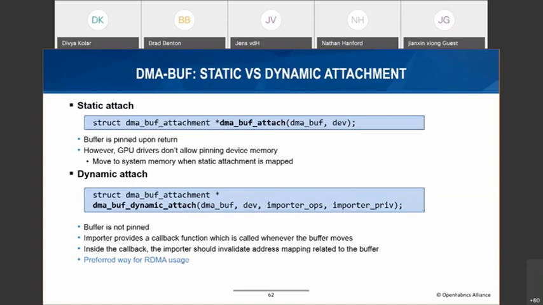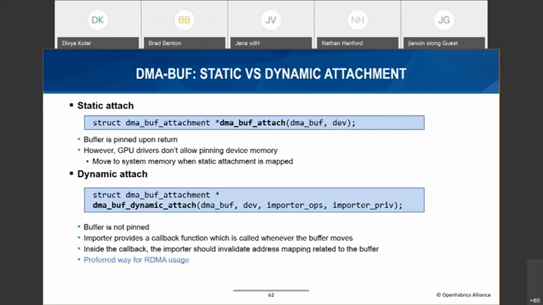So this is the preferred way for RDMA usage, and this change happened at some time between our first version of the patch and the third version of the patch. So that's how we did that change, in the middle, and not before we submitted the first patch set.